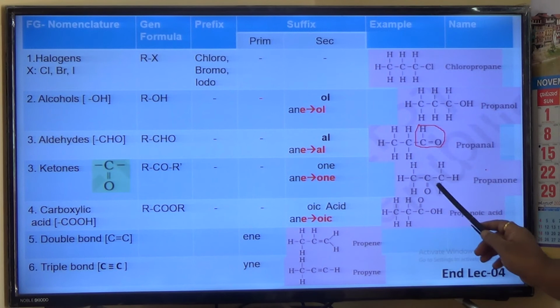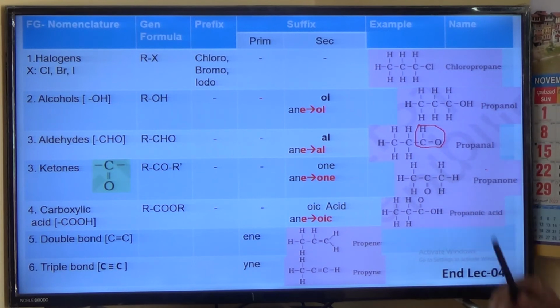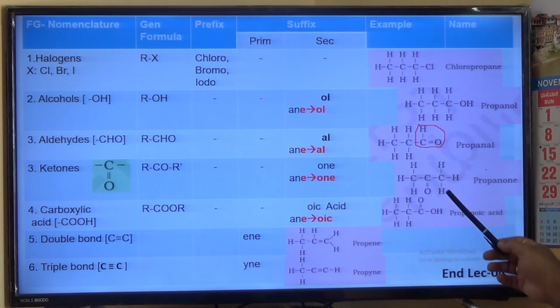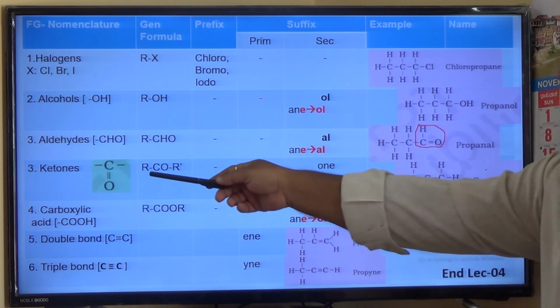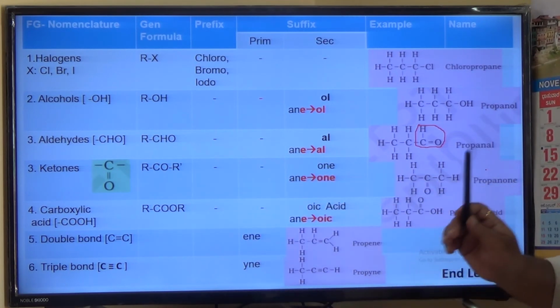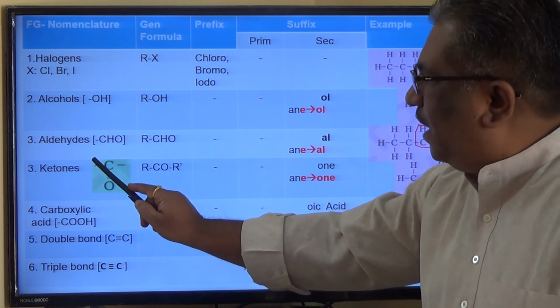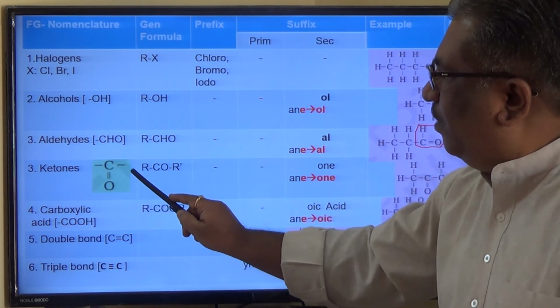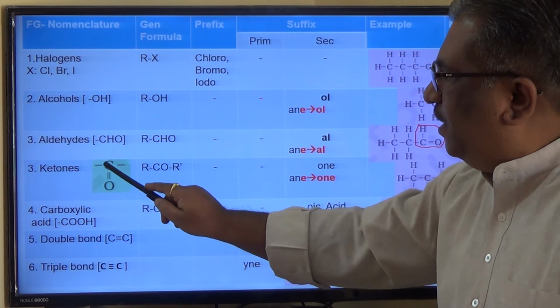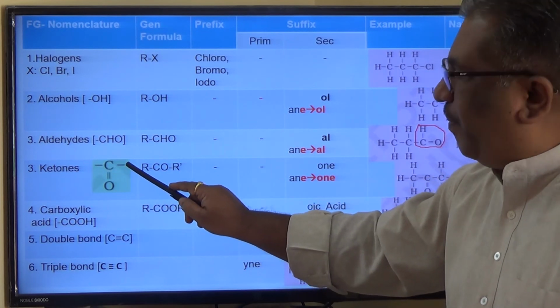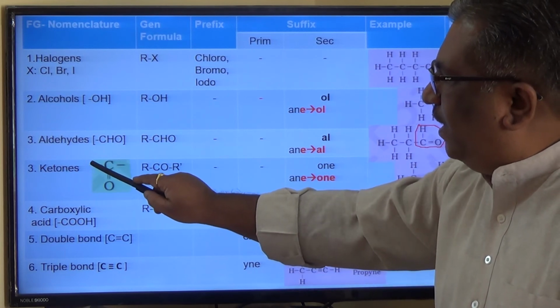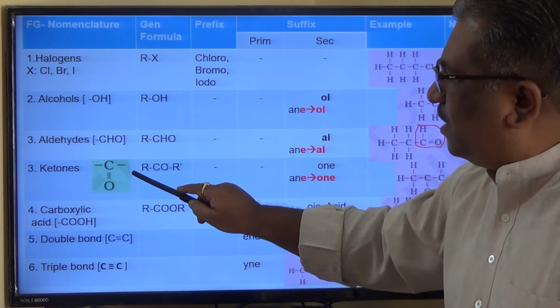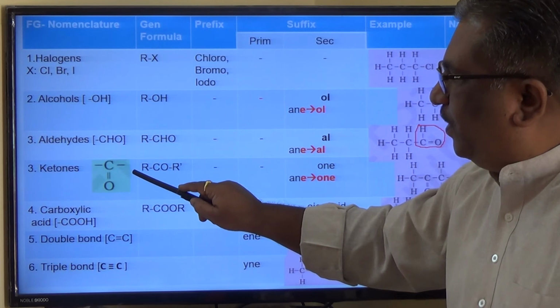Example, earlier we had taken propane. Now, how do you attach this group to propane? Propane should have 3 carbon atoms. One carbon atom I'll put here and another carbon here. So meth, eth, prop, it becomes propane. But a double bond O is introduced in between, and the valency of the carbon atoms is matched with hydrogen atoms.